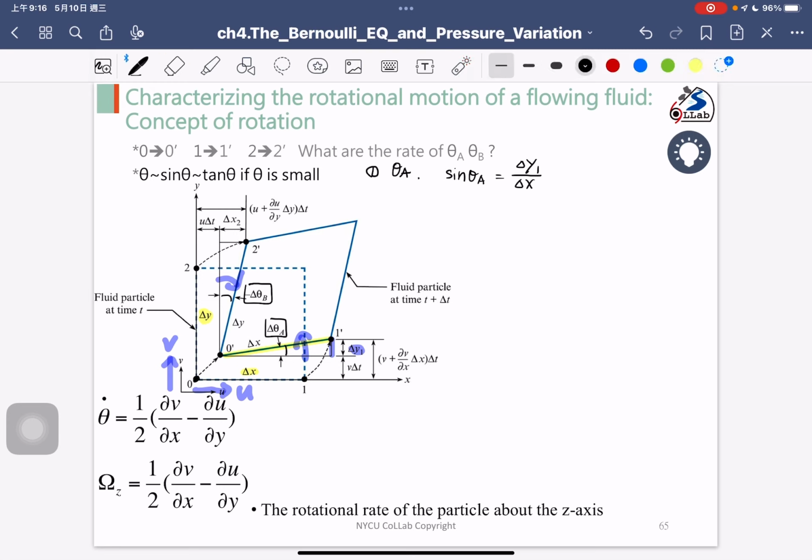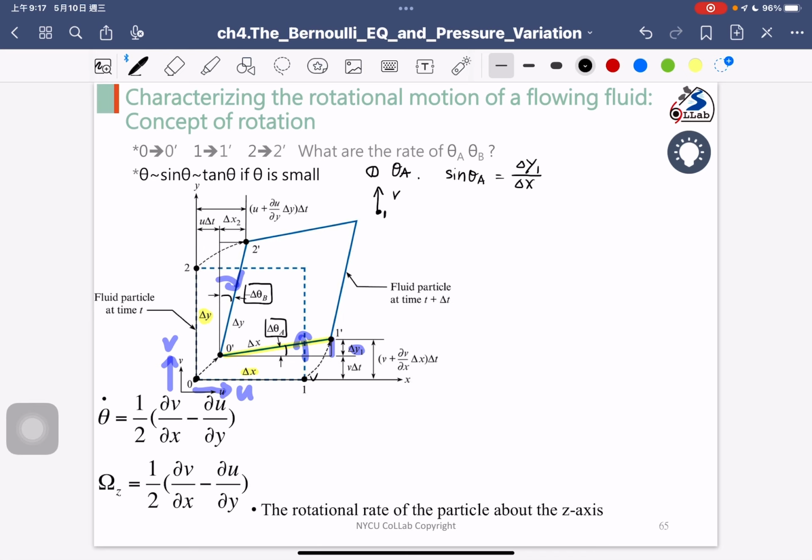We have point 1 here, and we're wondering what the point 1 velocity is. So I pick point 1 here, and ask what the velocity along the y-axis is. This is our point 1. Okay, so I assume at point 0 the velocity is v.